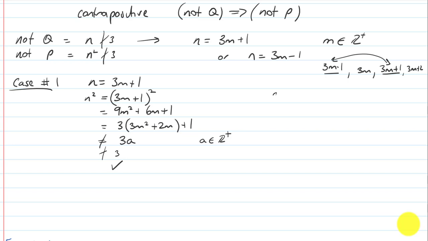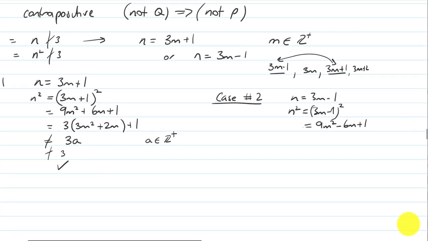And in case 2, I'm going to have to move down a line, which is not as neat as I'd like, but it'll be okay. n equals 3m minus 1, n squared equals (3m minus 1) squared, which is equal to 9m squared minus 6m plus 1.